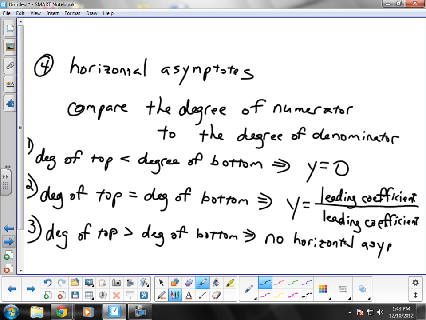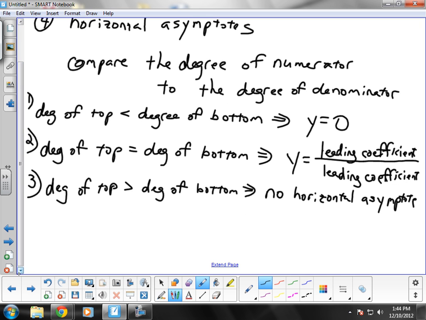Now, the difference between this year and last year, because all this stuff is review from last year in Algebra 2, is that we're going to actually go ahead and know that not only is there no horizontal asymptote, but there is a slant asymptote, and we're going to talk about how to find it.